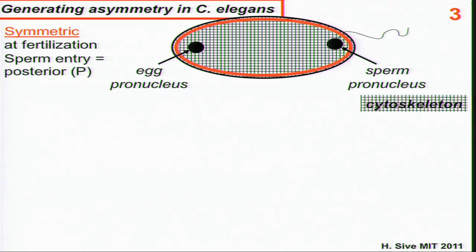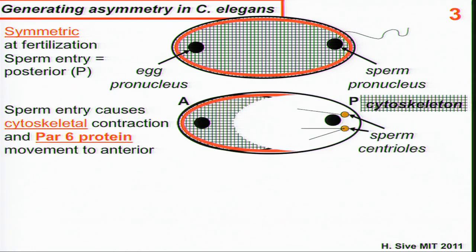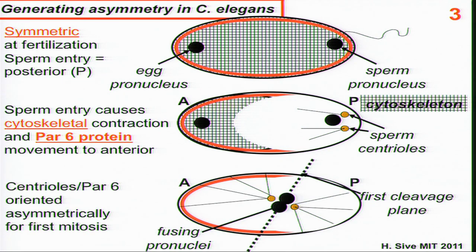The sperm pronucleus has just entered, and the cytoskeleton I've represented by this grid, and PAR6 protein is represented by the red that you can see on the screen surrounding the outside of the zygote. Here's the sperm entry causing cytoskeletal contraction, and with it, because PAR6 is attached to the cytoskeleton, PAR6 is moved to one side of the cell. That's the most important thing.